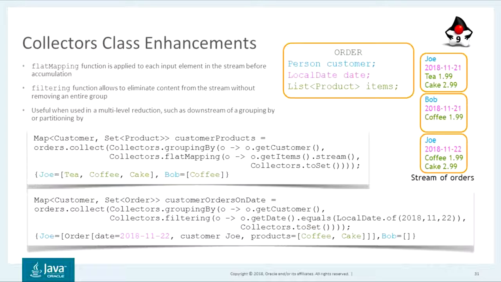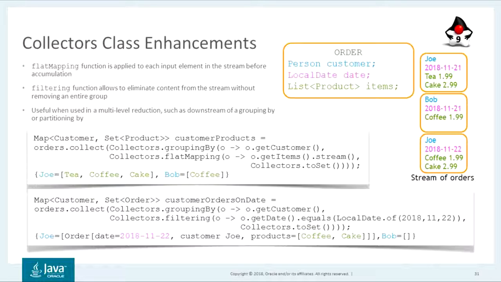In this particular case, we're saying, I want to find out all orders made by my customers, but I only want to look at certain orders. I want to filter out those that were on whatever wrong date. So whoever made an order on the 22nd, I'm not interested. I'm interested in those who made orders on the 21st. Lovely. So that's how I'm doing it.